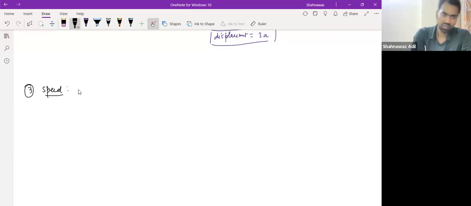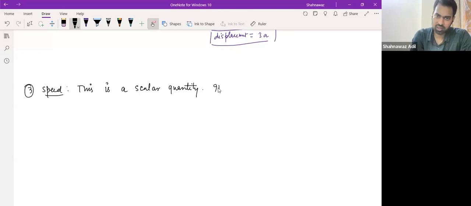So this is also a scalar quantity. Its SI unit is meter per second.